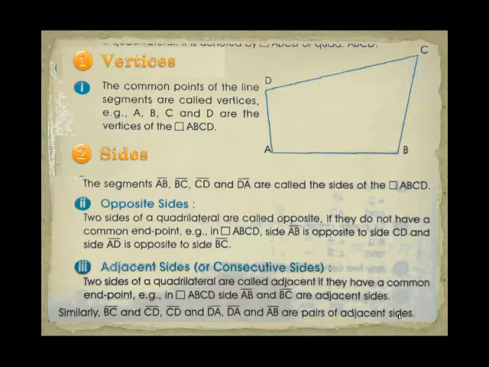From the point D to the point A, and again from the point A to the point B, the common point is the point A. So these two lines are also adjacent or consecutive sides of the quadrilateral. Similarly, line BC and line CD, line CD and line DA, and also line DA and line AB are the pairs of adjacent sides of the quadrilateral.